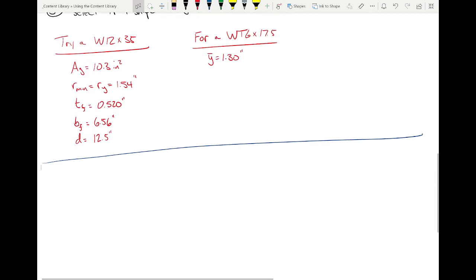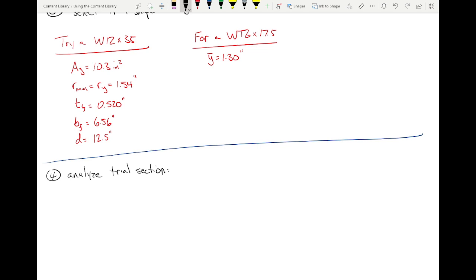All right, so now let's analyze this trial section. We are going to talk about what happens at the end of this problem and what you should do given certain outcomes. Now, what does it mean to analyze the trial section? We need to look at gross section yielding capacity and net section fracture capacity.